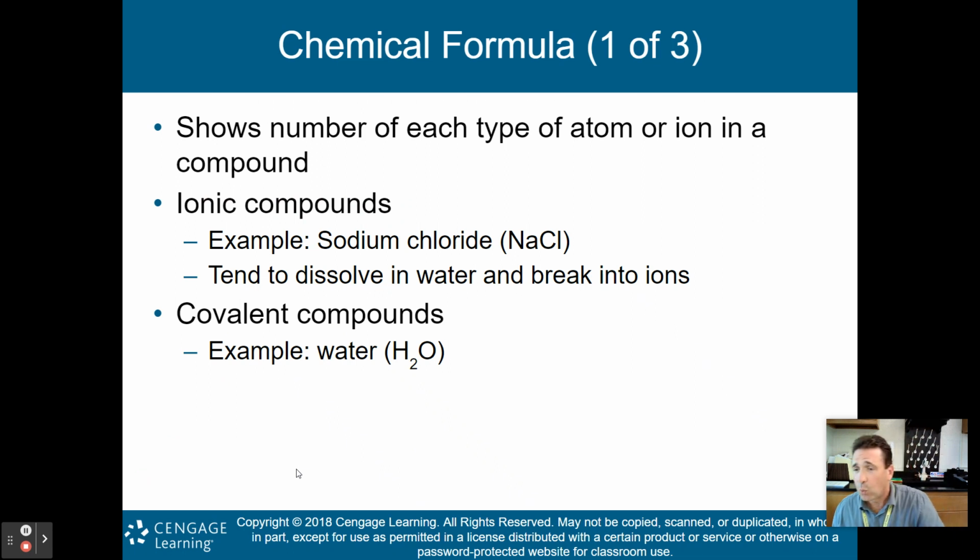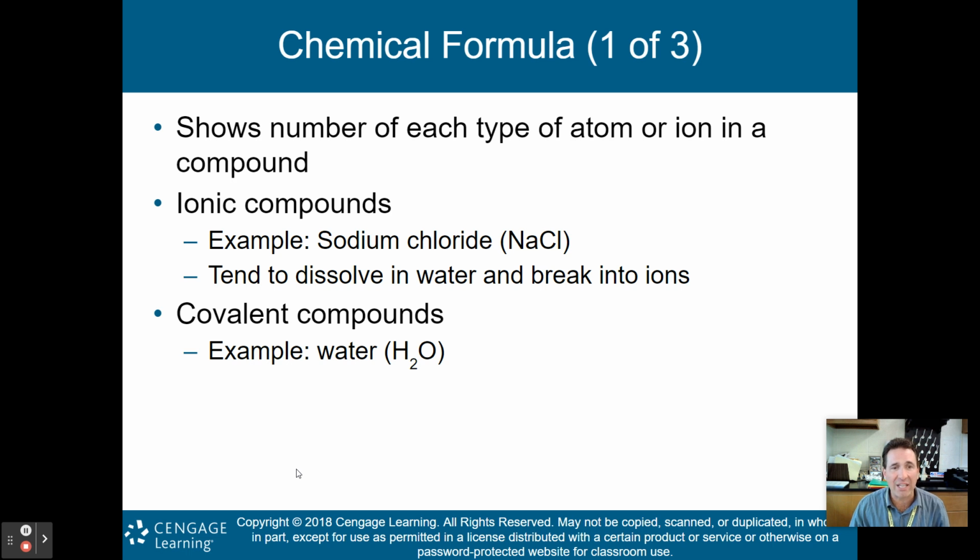So we use chemical formulas to help us determine these types of elements and compounds, right? The chemical formula shows the number of each type of atom or ion in a compound. There are 2 types of compounds: ionic compounds like salt, sodium chloride. This tends to dissolve in water and break into those ions, the positive and the negative charge, and that helps hold that compound together.